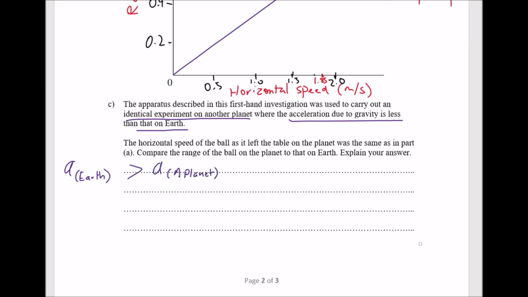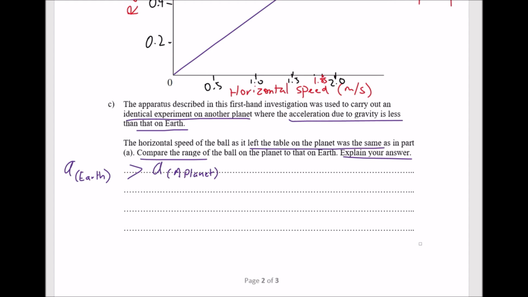Just keep that in mind. The horizontal speed of the ball leaving the table is exactly the same. Compare the range. Explain your answer. So firstly we need to compare, and then we need to explain, justify our answer.